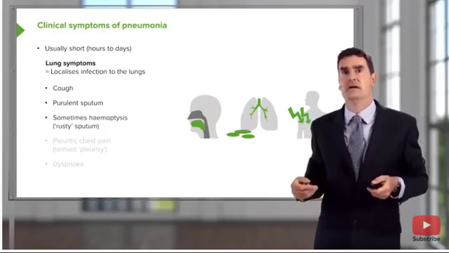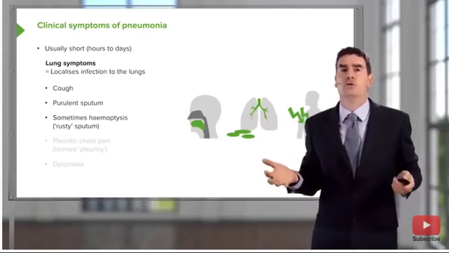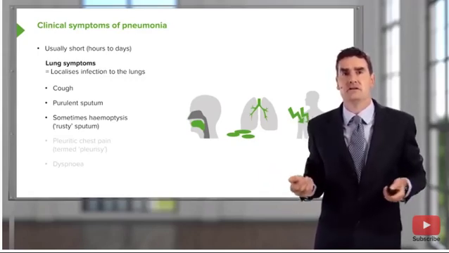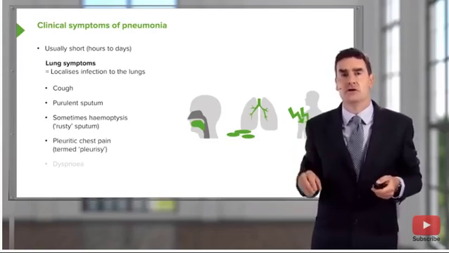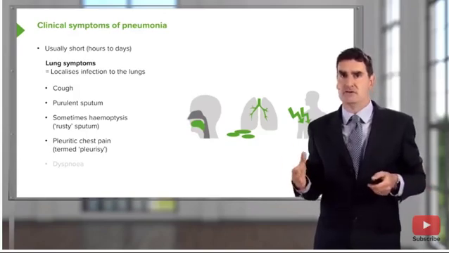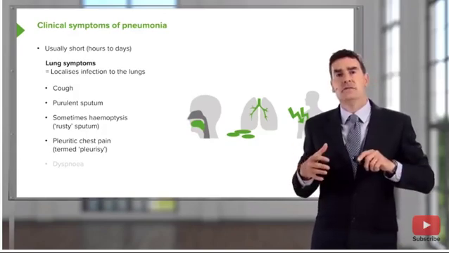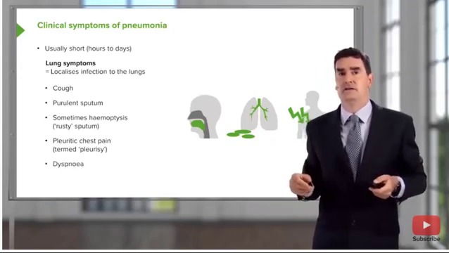Sometimes you get blood in that as well, and the mixture of purulent sputum with blood becomes what we call rusty sputum, a sort of browny colour sputum. You may get pleuritic chest pain if the pneumonia is causing overlying pleuritic inflammation. That's called pleurisy. And because the pneumonia consolidation is affecting the ability of gas exchange in your lung, then you might be breathless as well.